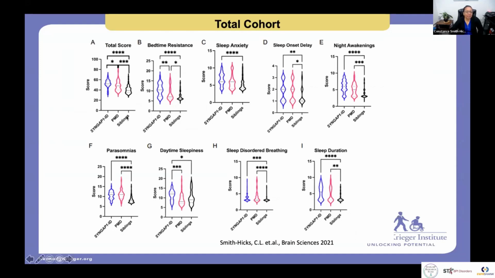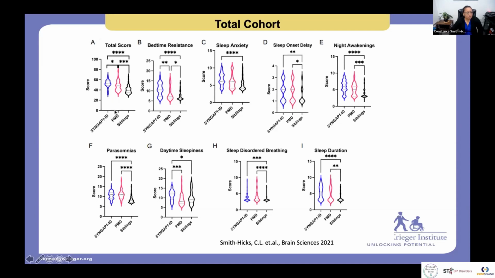And we show that individuals with SYNGAP1 and individuals with Phelan-McDermott both had more severe sleep problems when compared to their typically developing siblings. However, individuals with SYNGAP1 had more sleep difficulties than those with Phelan-McDermott, and that's indicated by the higher total mean score.